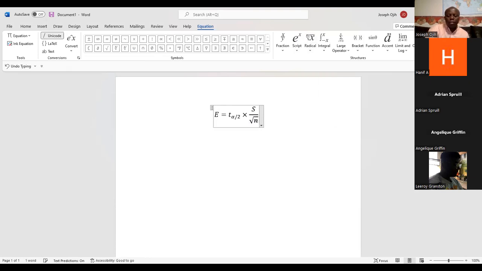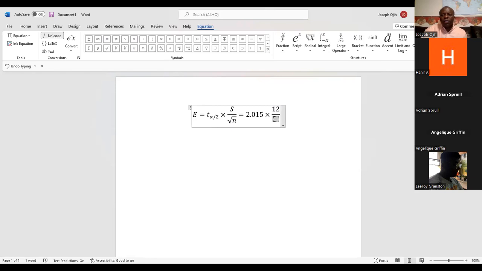T alpha over 2 we have from the table as 2.015, times the standard deviation of 12, over the square root of n.